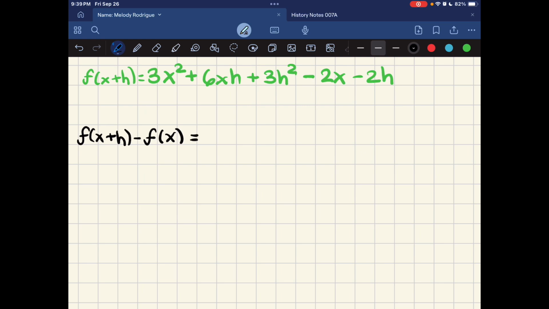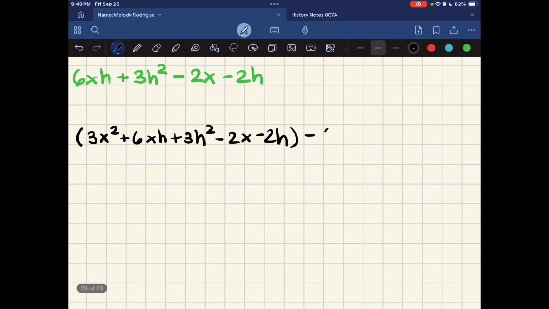So f of x plus h minus f of x is going to equal, in parentheses, 3x squared plus 6xh plus 3h squared minus 2x minus 2h, minus 3x squared minus 2x. And then we're going to distribute the minus sign.